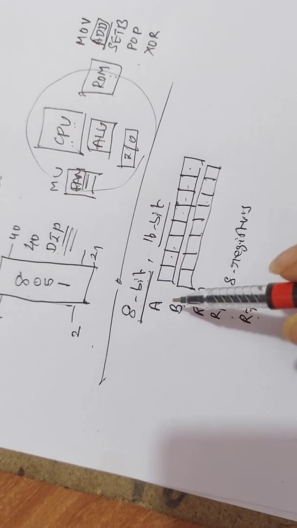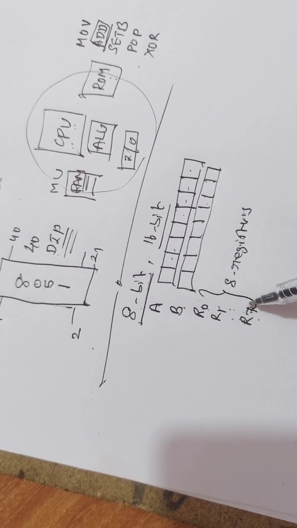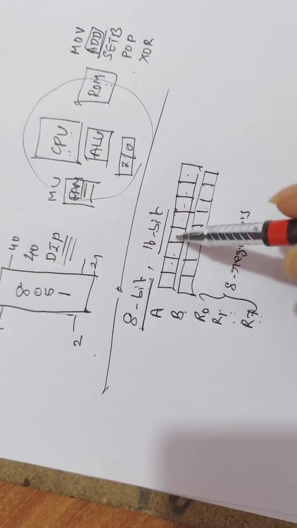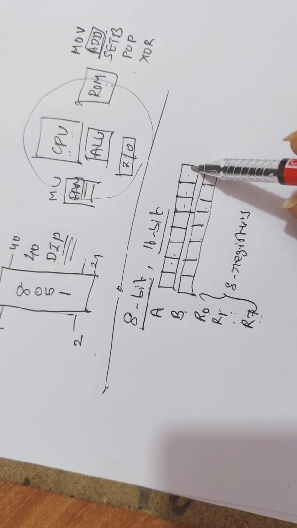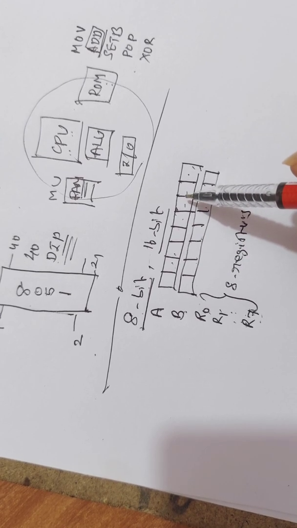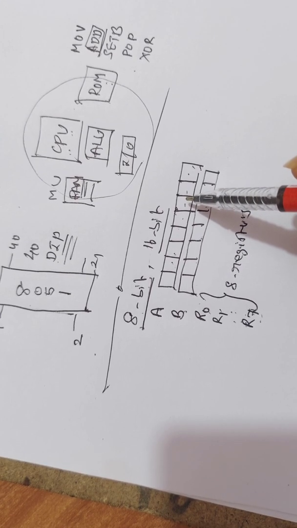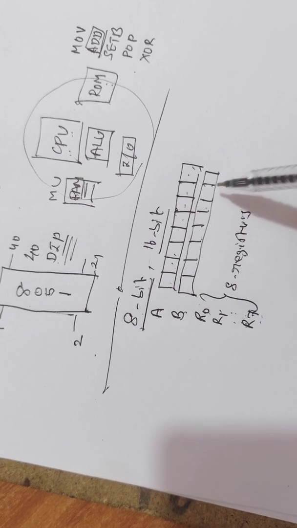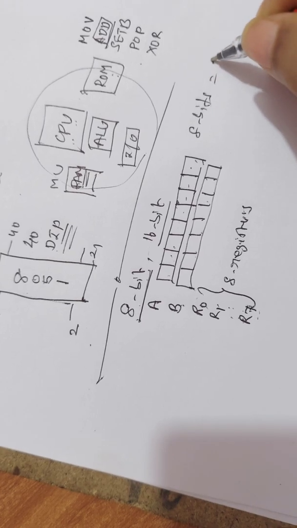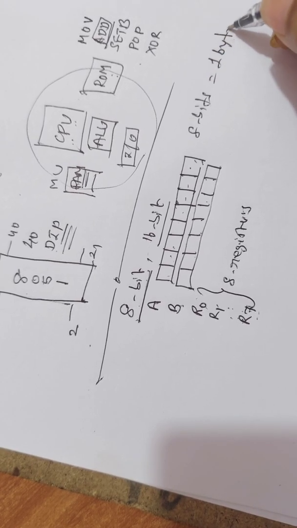That means the registers A, B, R0, R1, etc., R7, are used to store only 8 binary digits. 8 binary digits are known as 1 byte, because 8 bits is nothing but 1 byte.